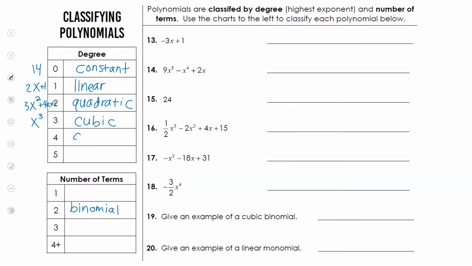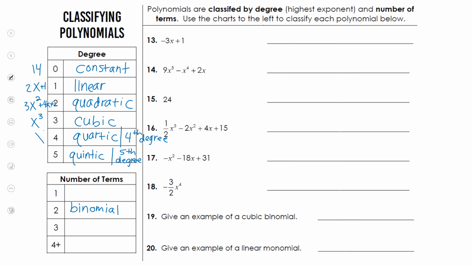Fourth is a quartic. Although when I look at textbooks, they normally don't call it quartic, they'll just say fourth degree polynomial. So you'll see it both ways. The technical term is quartic. Fifth degree is quintic, but oftentimes people will just say fifth degree polynomial.